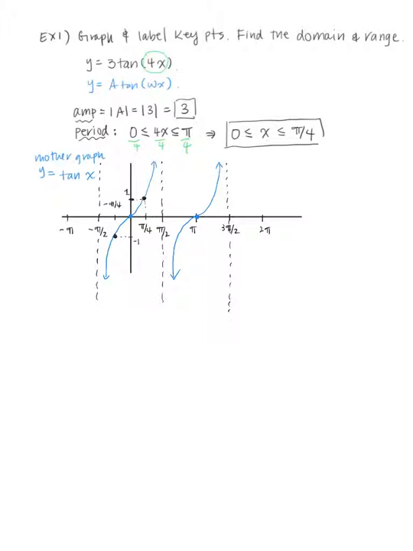So the key point right here is pi over 4, comma 1. And then this key point right here is negative pi over 4, comma negative 1. And of course this point is just 0, 0. And this point right here is pi, comma 0.